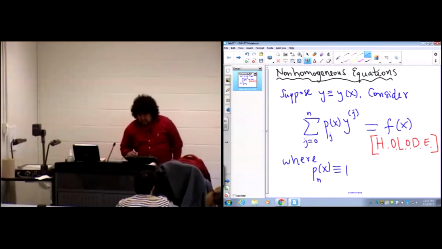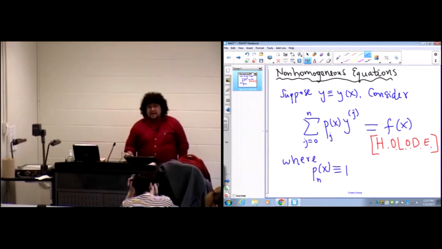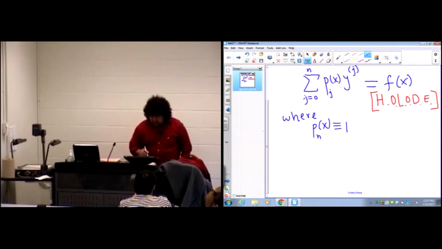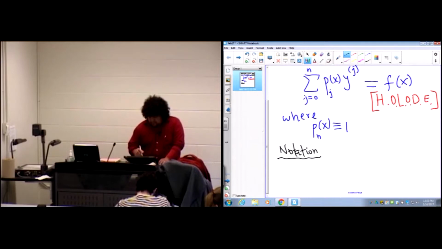Okay? Now, I'm going to introduce some notation. So let's talk about some notation. We're going to define L. See, this looks like L of y is really two letters, right? But this whole thing is like a whole operator. That's what it is.